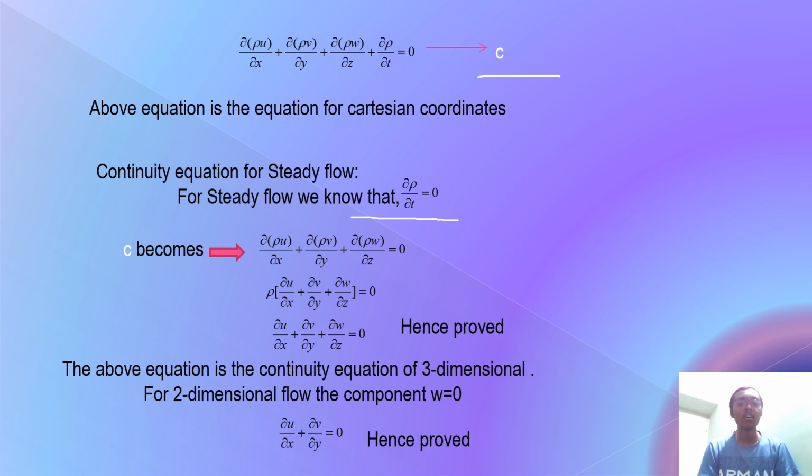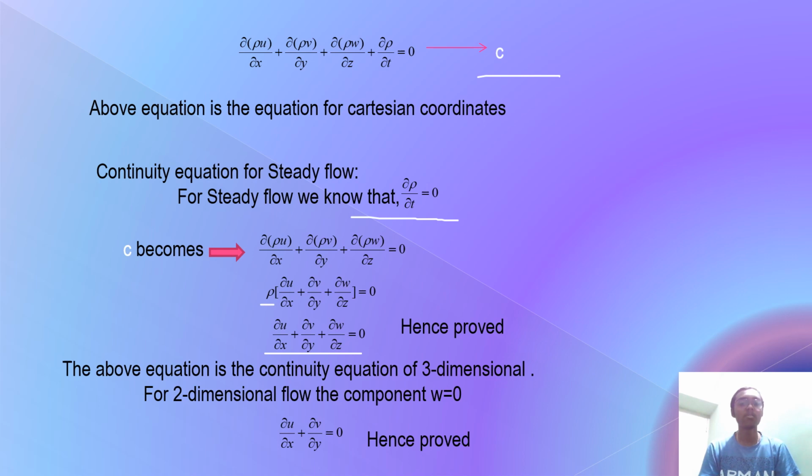Therefore, del u by del x plus del v by del y plus del w by del z is equal to 0, and the rho we send to the RHS. The equation becomes del u by del x plus del v by del y plus del w by del z is equal to 0. This is the continuity equation for three-dimensional flow.